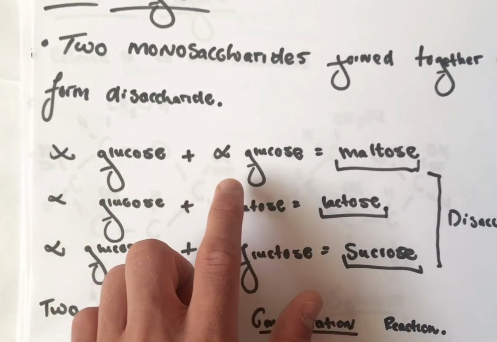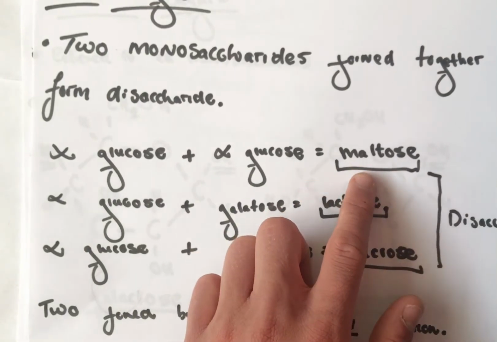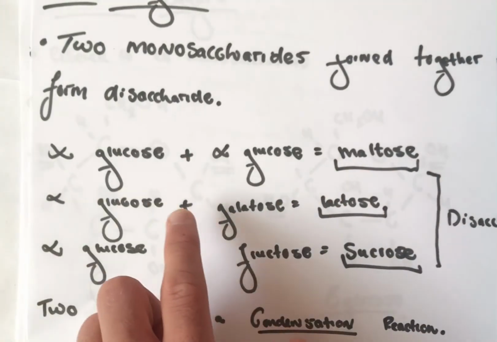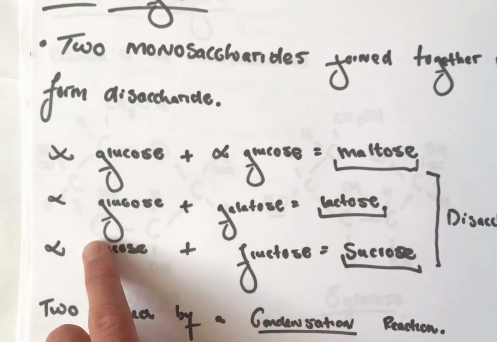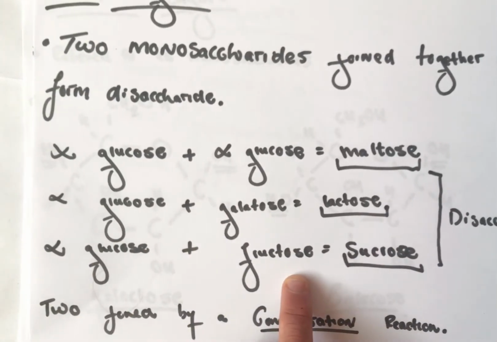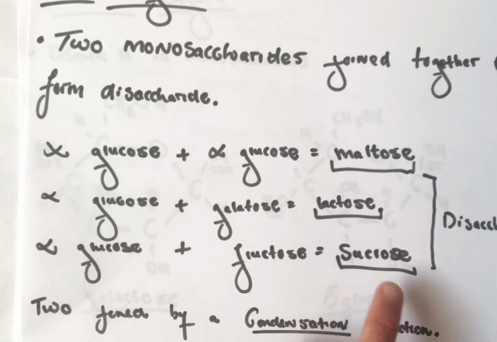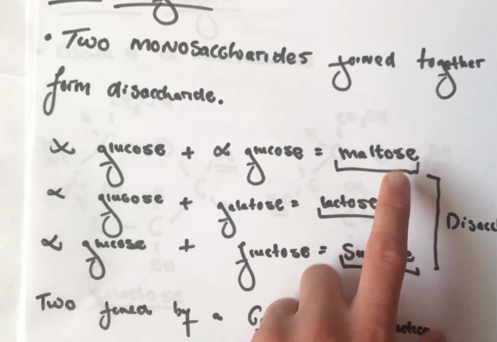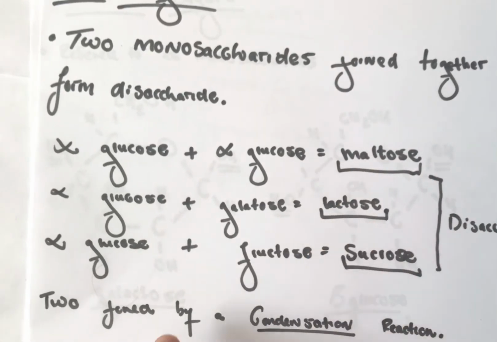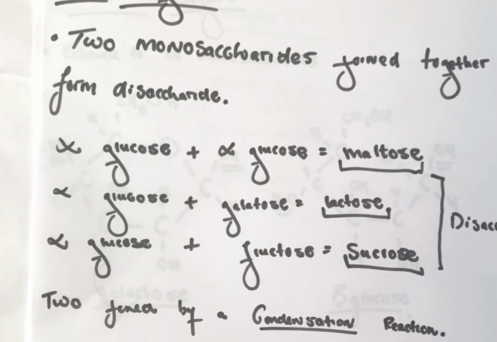Alpha glucose plus alpha glucose gives you maltose. Alpha glucose and galactose produces lactose. And alpha glucose and fructose gives you sucrose. It's important to note that all these disaccharides, maltose, lactose and sucrose, are produced by condensation reactions.